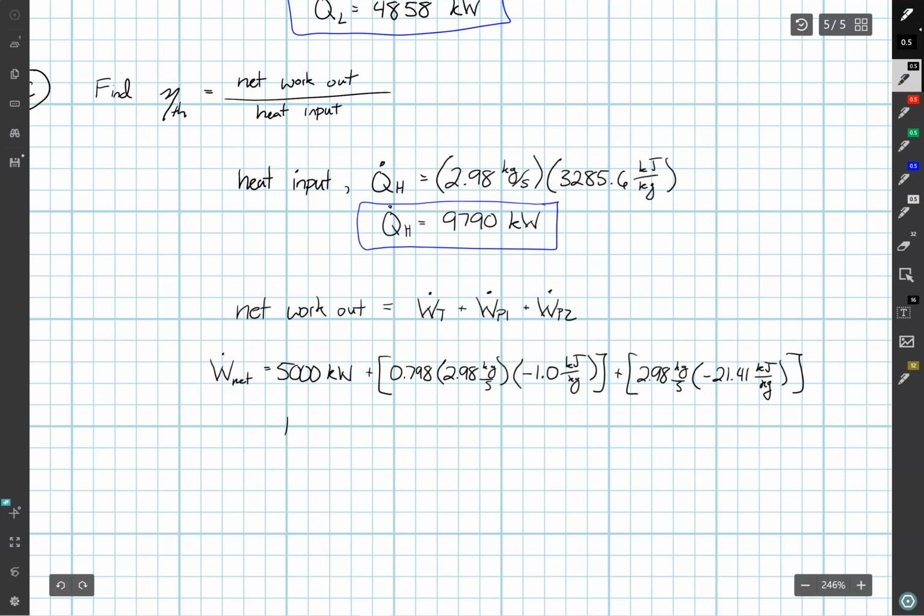Right, this is, just for clarity, I'll write, we'll use a different color, W dot net. This is W dot T plus W dot P1 plus this is m dot WP2.